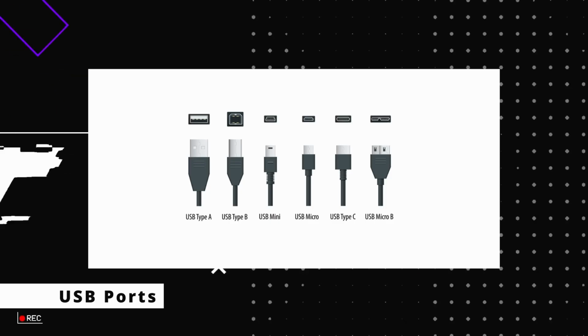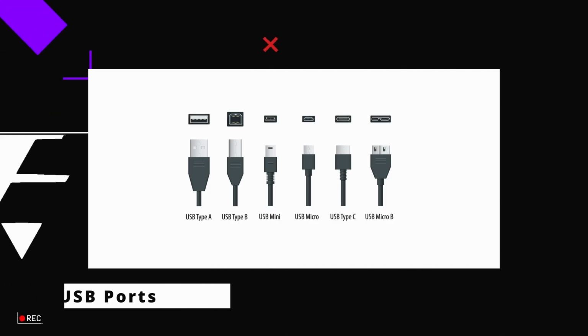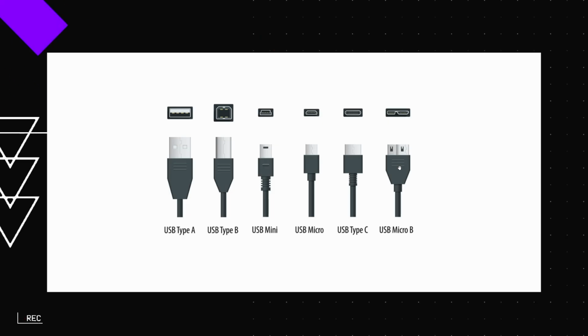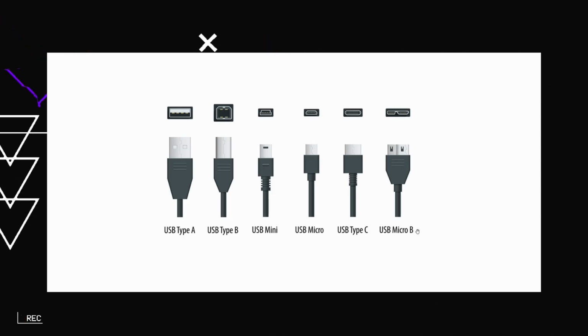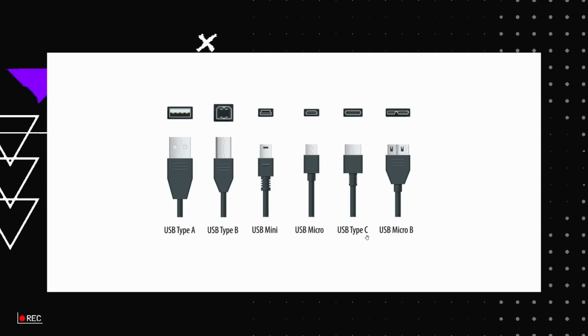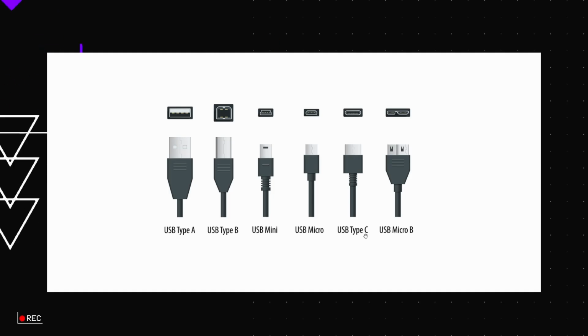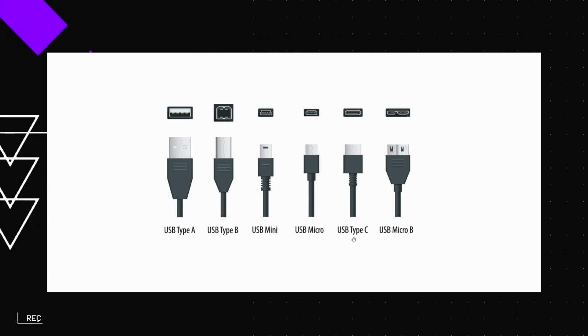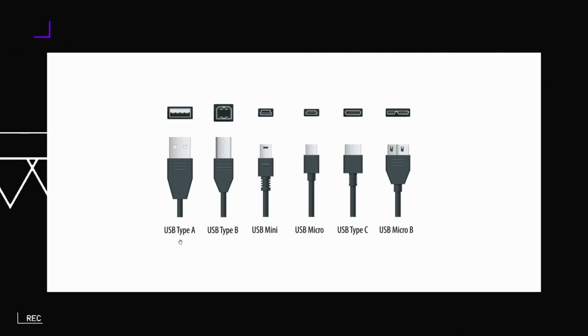Speaking of which, let's talk about the different types of ports available right now. This is the most commonly used in typical hard drives. The other end could be connected with either USB Type A or USB Type C, depending on the type of cable that comes out of the box. Most hard drives today come with USB Type C on both ends, and some come with USB A on the other end.